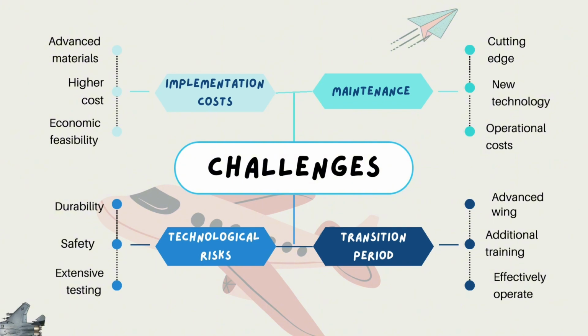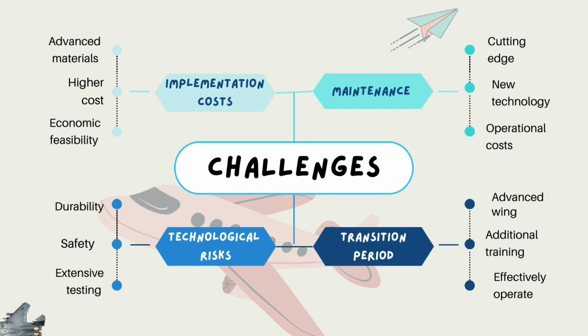Third, technological risk. Introducing novel materials and technologies carries inherent risks related to reliability, durability, and overall long-term performance. Ensuring the safety and reliability of these technologies becomes crucial, requiring extensive testing and validation processes. And fourth, transition period.